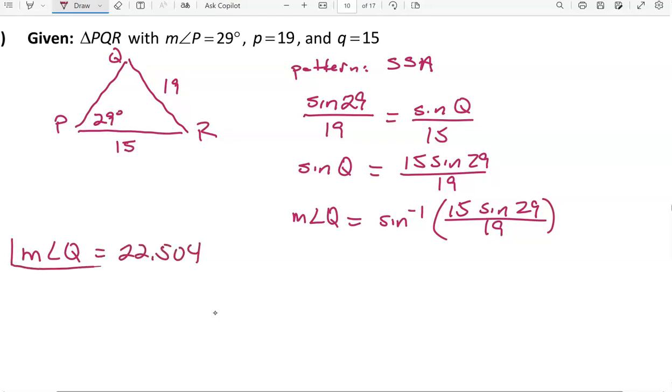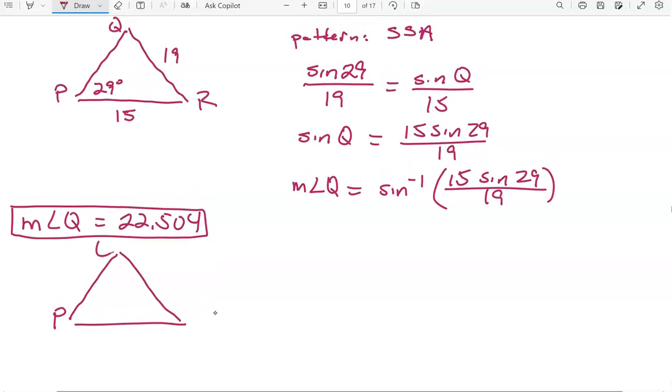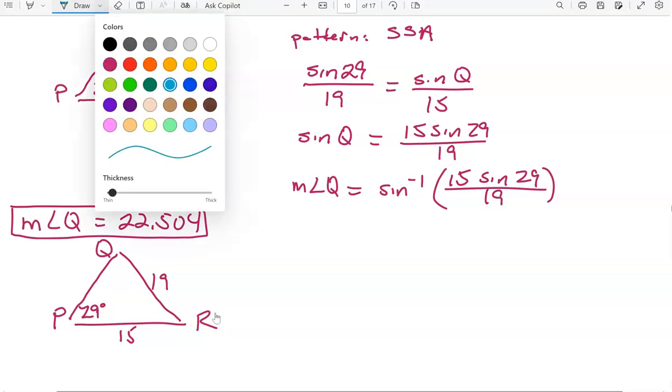I'm placing this solution over here on the left side, reserving this left column for our first solution. Now I'm also going to recopy this diagram and insert this value in there and proceed down with the rest of the first solution. So PQR, 29 degrees, 15, 19, and now we found a second angle.